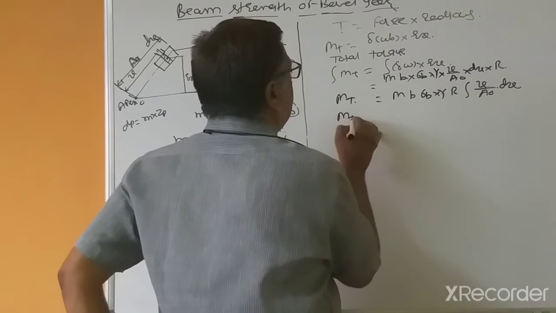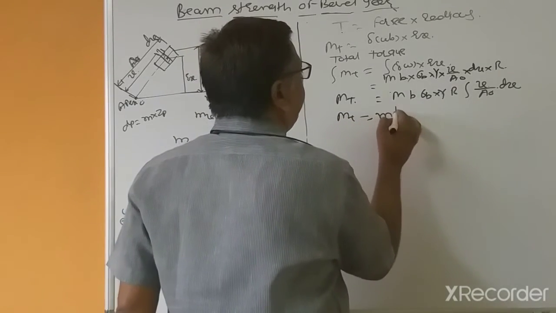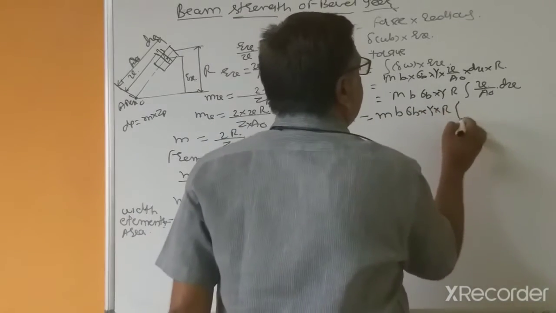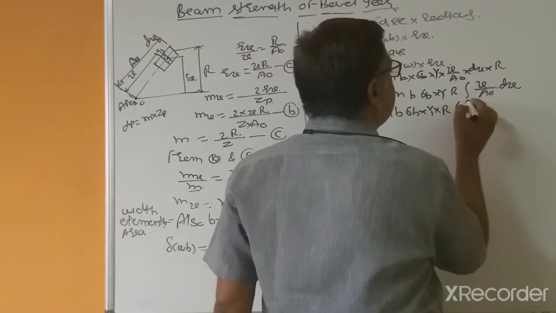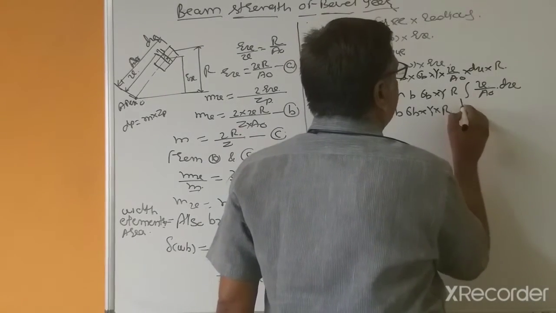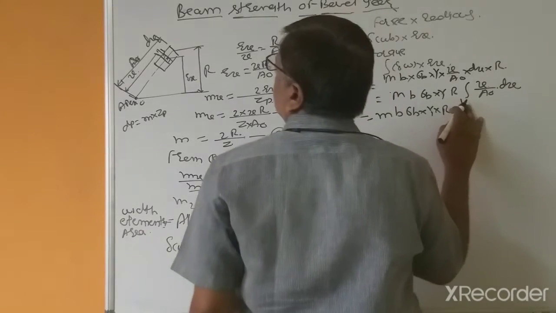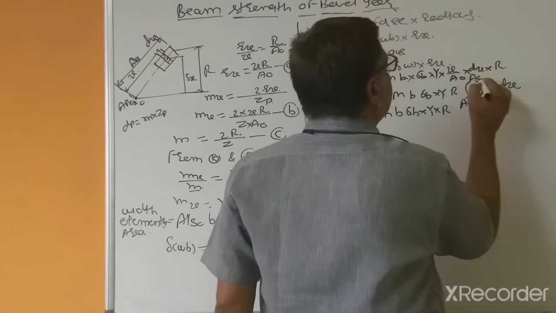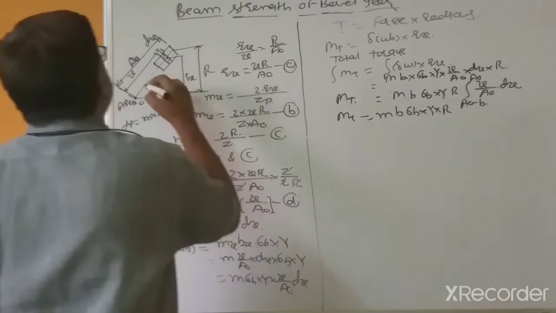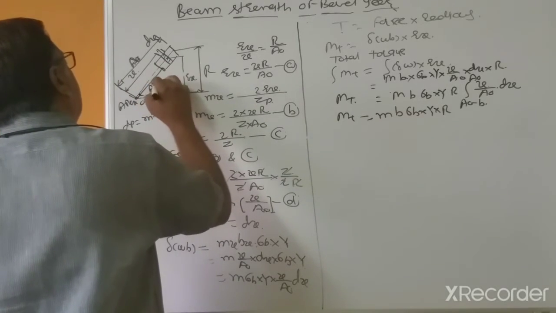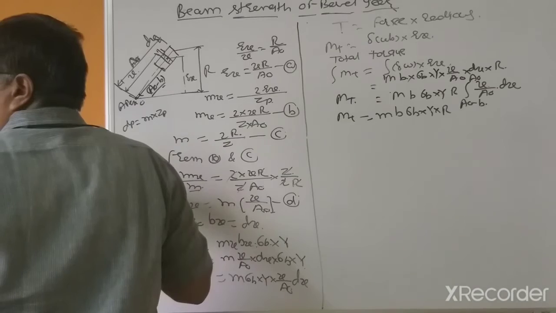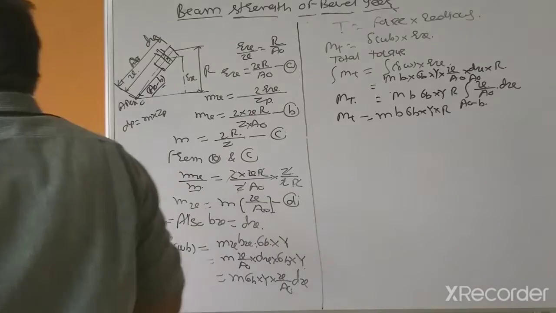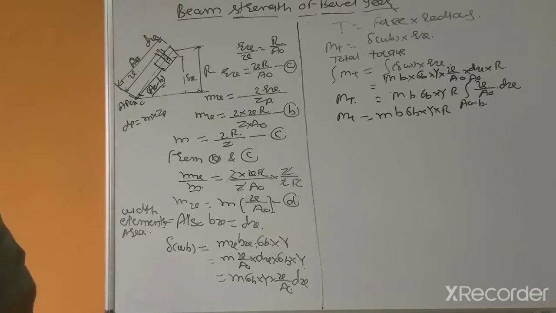Now the total torque equals m b sigma b Y into R, with the integration limits from A0 minus b to A0, because this distance is A0 minus b.